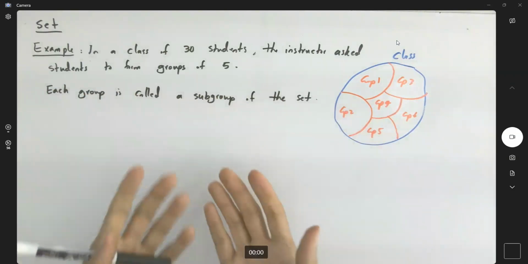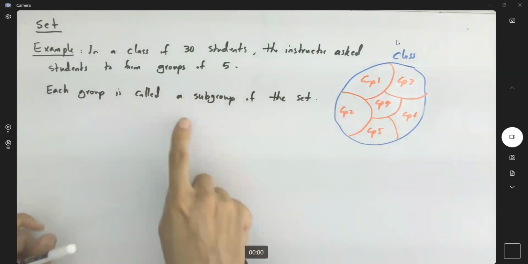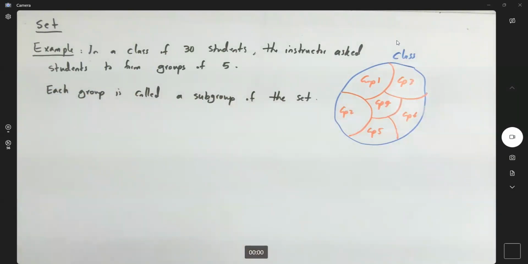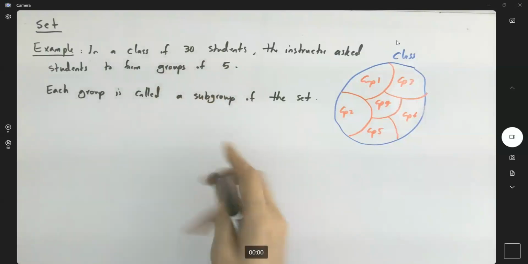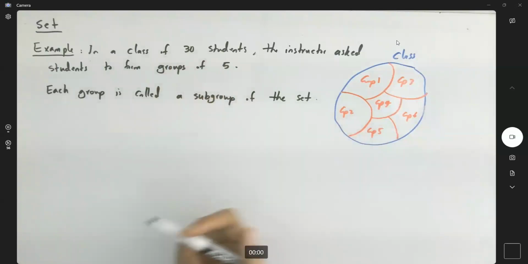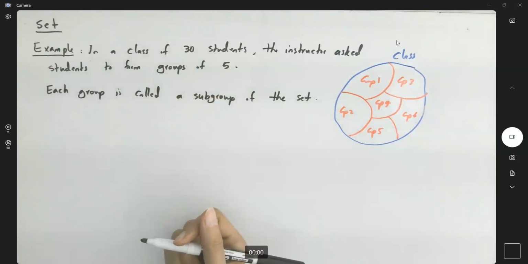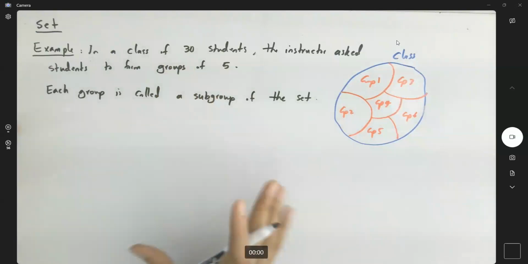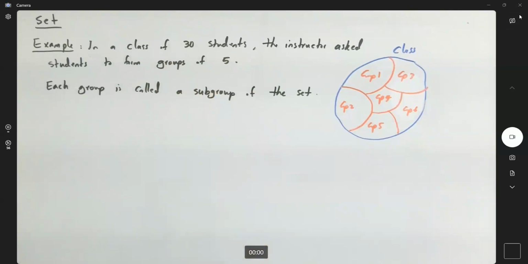So this is just a very easy example of the definition of a subgroup. Note that with 30 students, we can form many subgroups. Let's work on the official terminology. We're going to talk about a universal set and the subsets for a set.